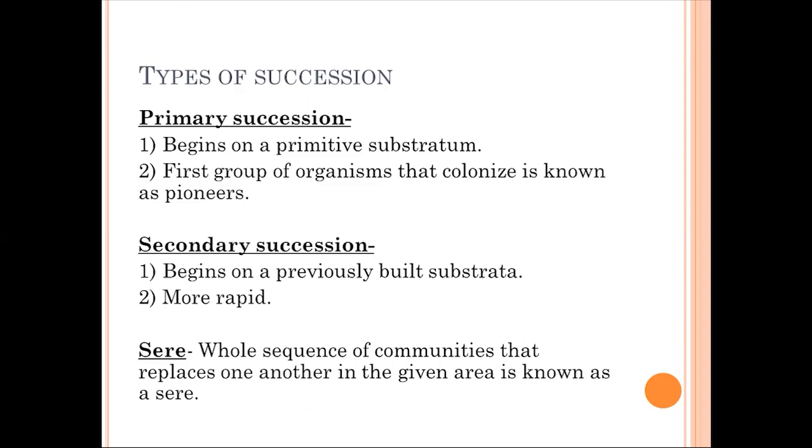So the existing community in that area might have disappeared due to a sudden change in the climatic factors or any disaster, or suppose any foreign community has invaded that land. So there may be reasons why the existing community has disappeared. So the secondary succession begins on such type of substrata. Then it is more rapid. If we compare it to primary succession, secondary succession is more rapid.